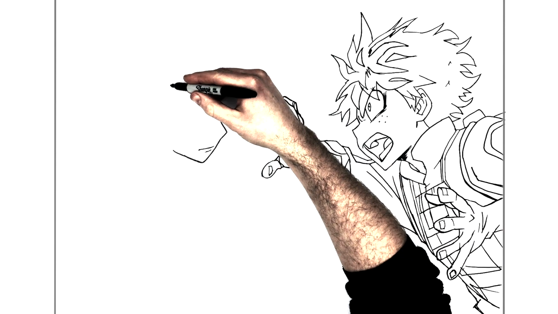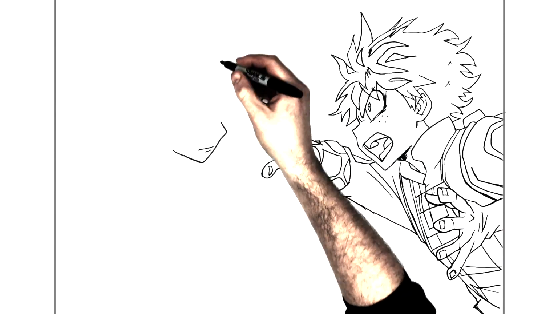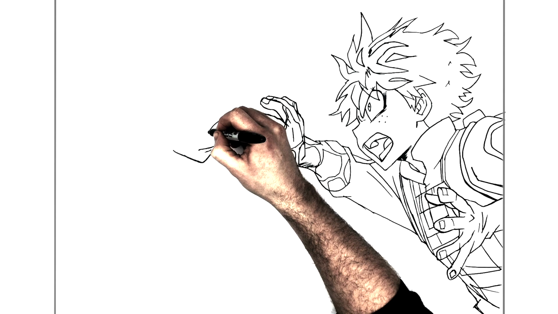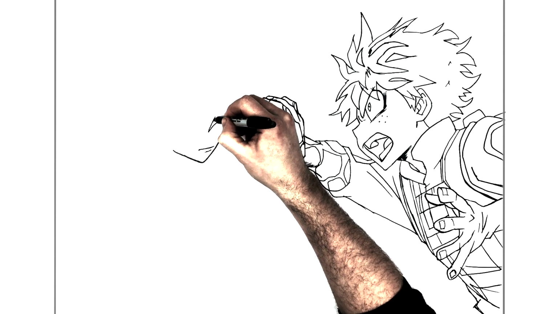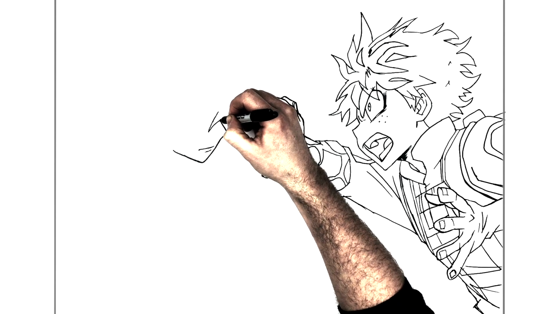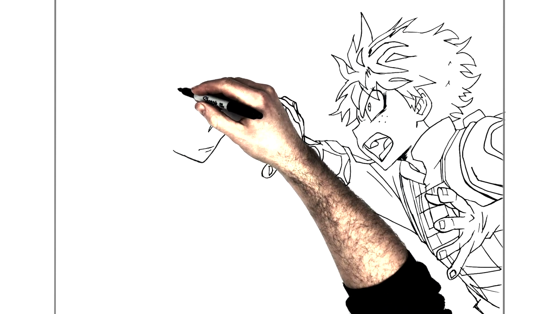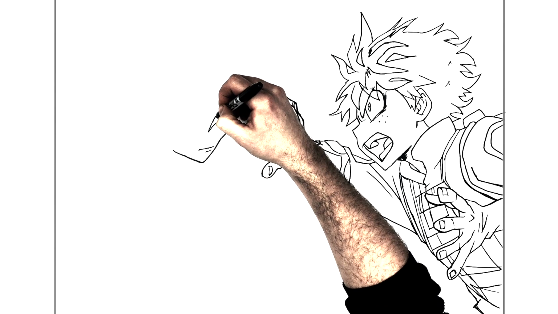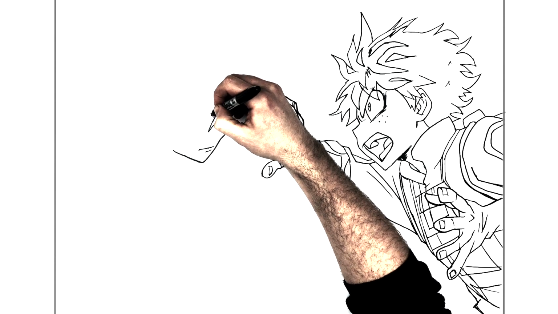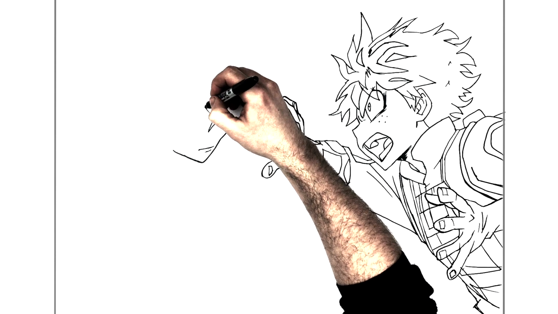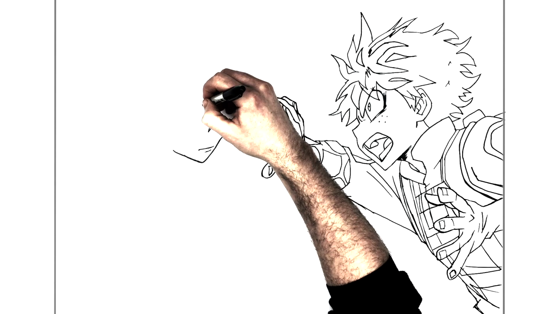So then his eyebrow, let's see. Well, we have a hair spike just here. So that fringe that he has, just coming down over his nose, just here first. And then his eyebrow is going to come out from that hair spike. So it's going to go back this way.